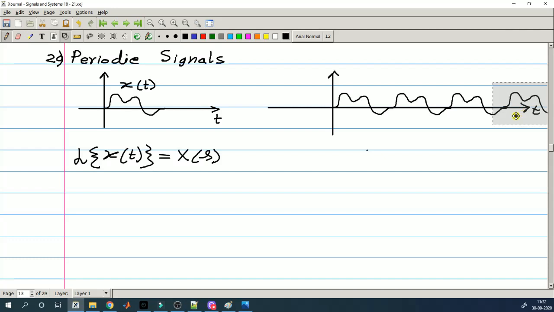So this will keep repeating again and again, but this is a one-sided periodic signal. This repeats only in the right side of our timeline, but on this side it is not going to repeat, it is 0.